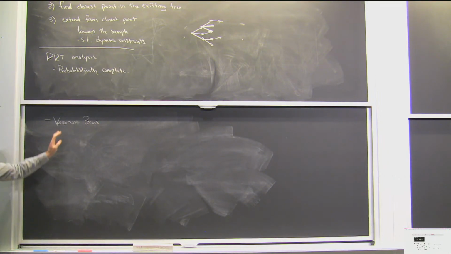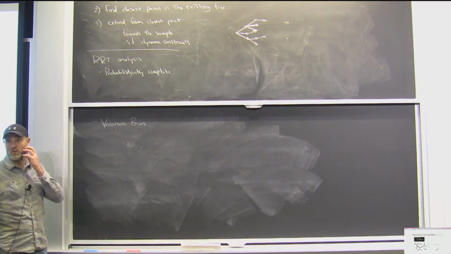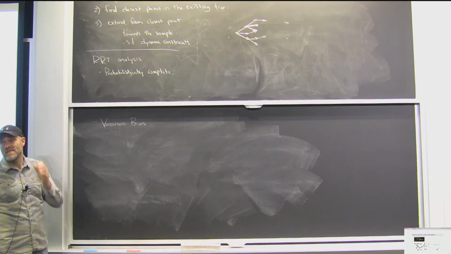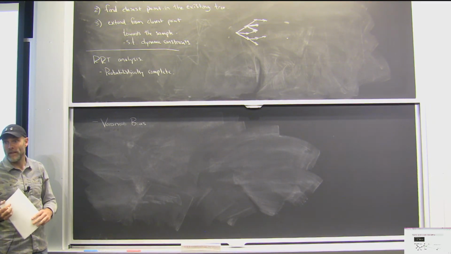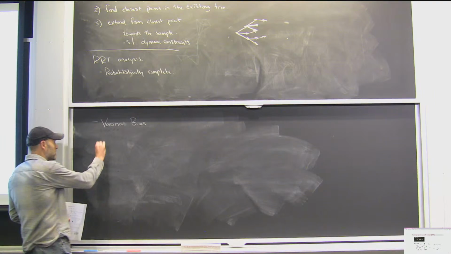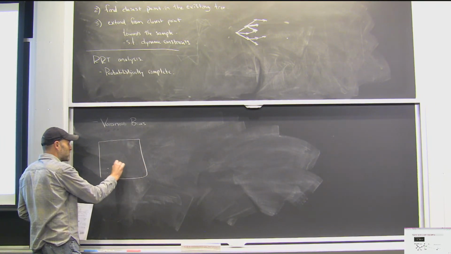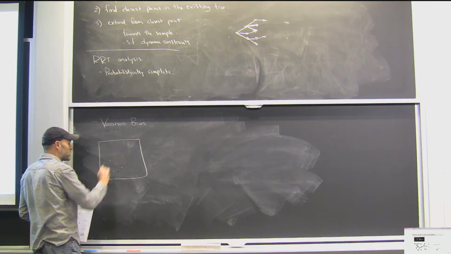So who knows what a Voronoi region is in a, let's say, a Euclidean space? If I have a graph in a Euclidean space, what's a Voronoi? Yeah. For a bunch of points, the Voronoi region for a point is like everything where the closest point is that point. Exactly right. So if I have a 2D space and a bunch of points, which would just be my nodes in my tree, for instance.